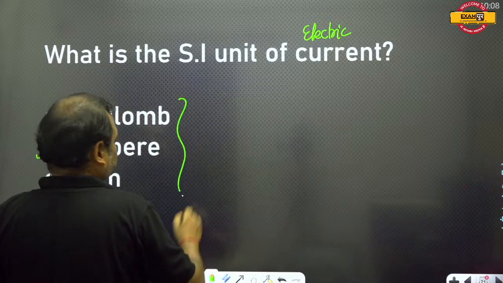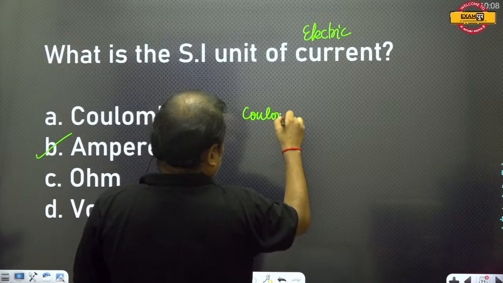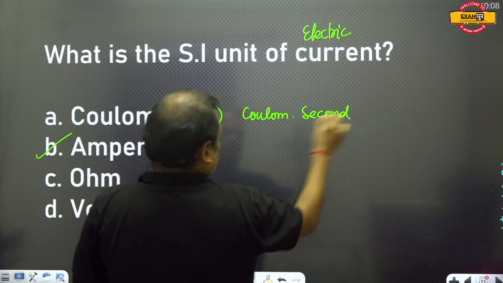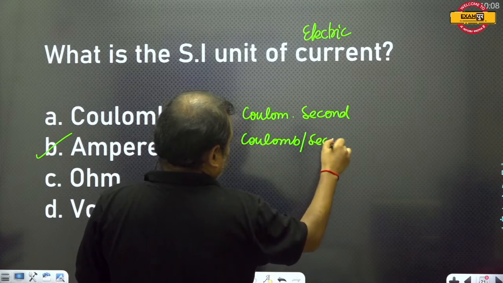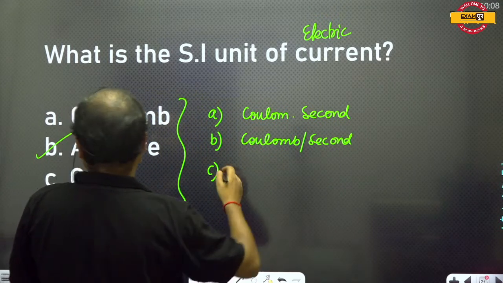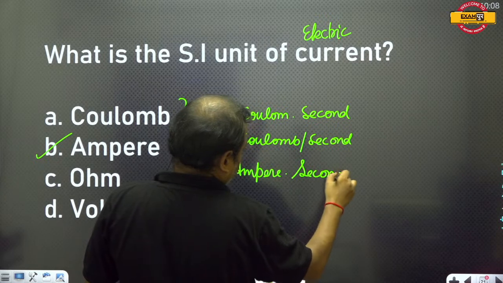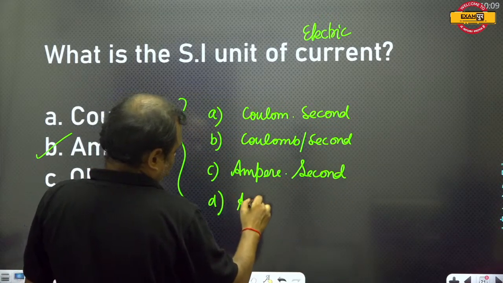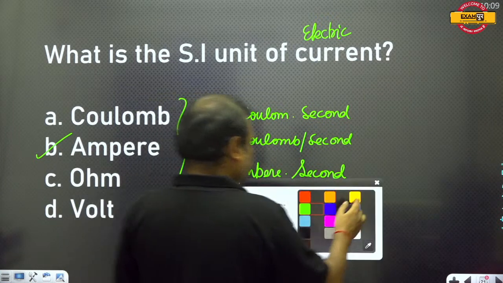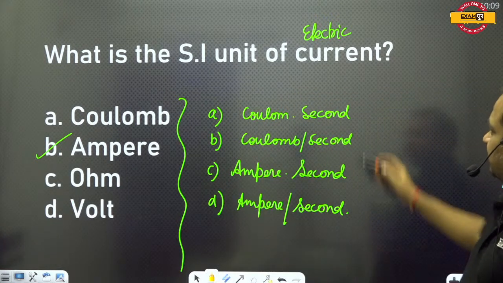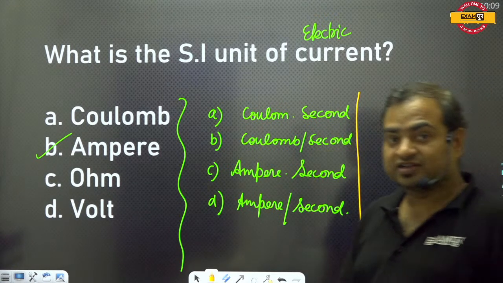Guys, if I were the examiner, I would ask like this: A, coulomb into second; B, coulomb upon second; C, ampere into second; D, ampere upon second. Tell me which one is the correct answer. If I were the examiner, I would put the options like this so that you will not get the correct answer very easily.